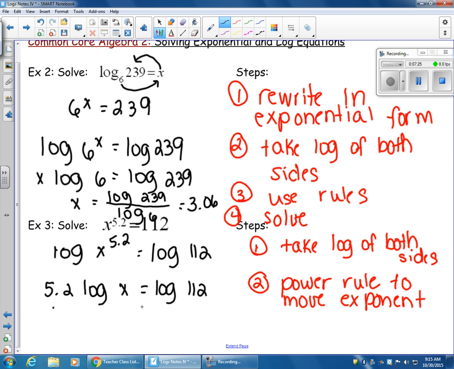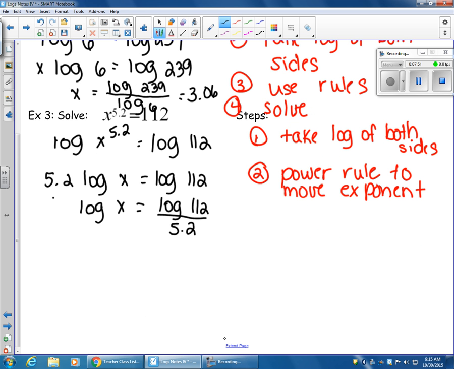Here, when we start to do the algebra to solve, it's the log of x. So remember, those are attached. That's one quantity. You can't separate them, right? So we can divide by the 5.2. So now the question, we can do the log 112 divided by 5.2, but then how do we find x?